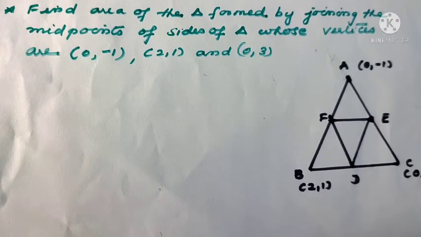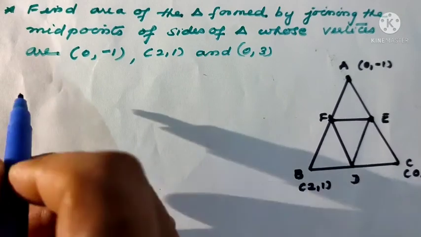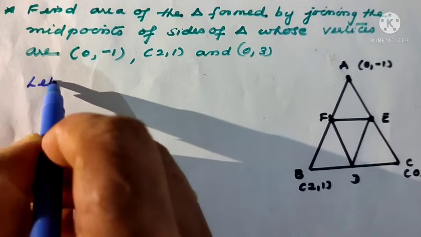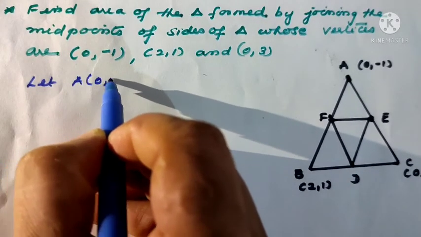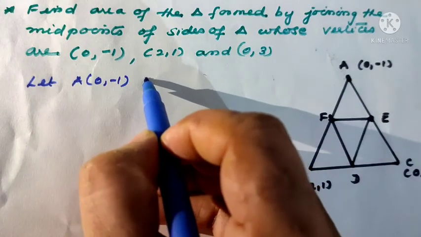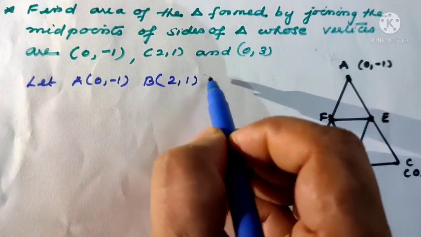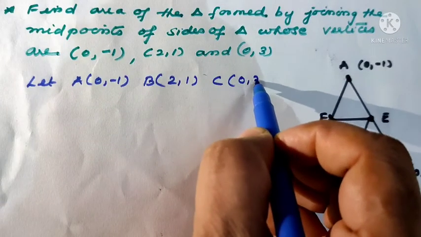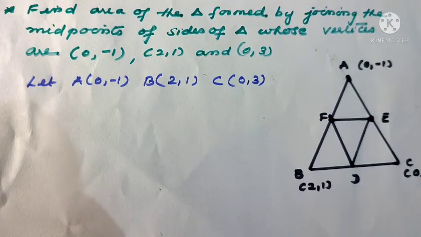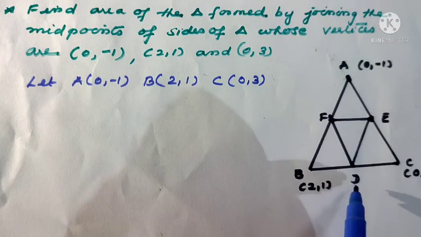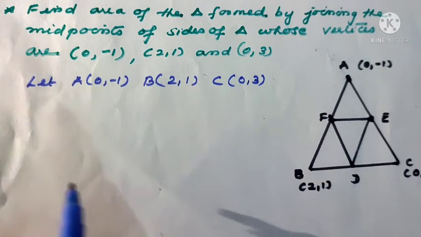So let us take what is given in the question. Let A(0, -1), B(2, 1) and C(0, 3). So what are the midpoints? If we take D, then it is BC only.